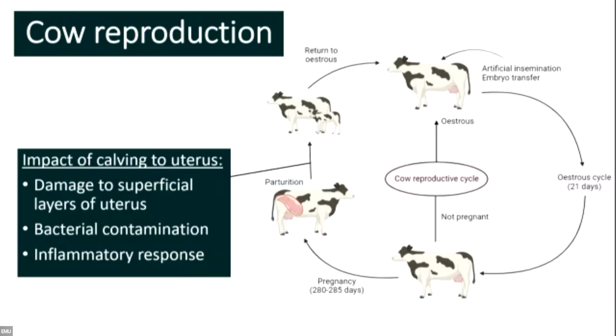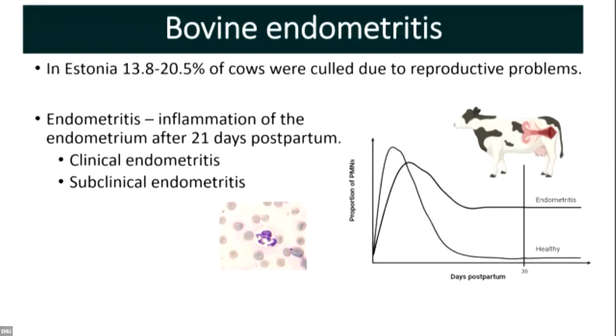While many cows can adapt to these changes and return to the estrous cycle, many may develop uterine inflammation, compromising their health, welfare, and fertility. One of the most prevalent uterine inflammations in bovines is endometritis, characterized by inflammation of the endometrium occurring 22 days postpartum. There are two distinct subcategories of endometritis.